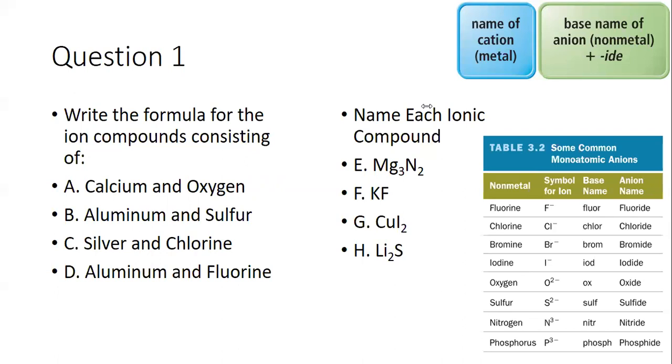So again, for questions E through H, we just add ide to the end of nonmetals. Yeah, as long as the metal has only one charge, the name's super easy. It's metal plus nonmetal ide. Where it gets more complicated is where we're going. So this is the easiest type of naming we have in all chemistry, in my opinion.